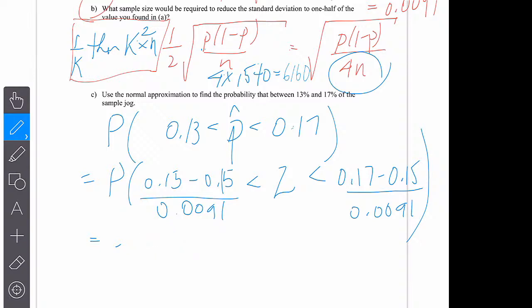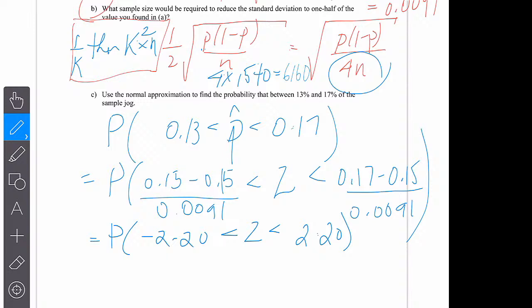Let me make this clearer. Okay. Then you standardize it now.